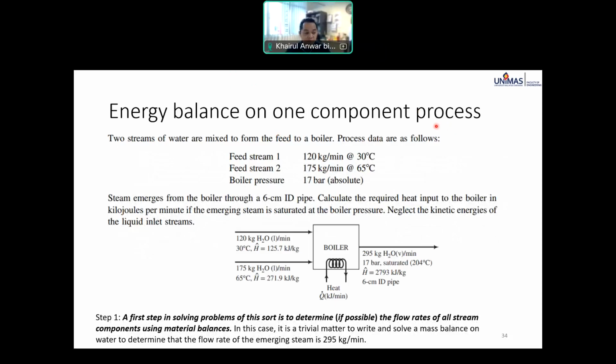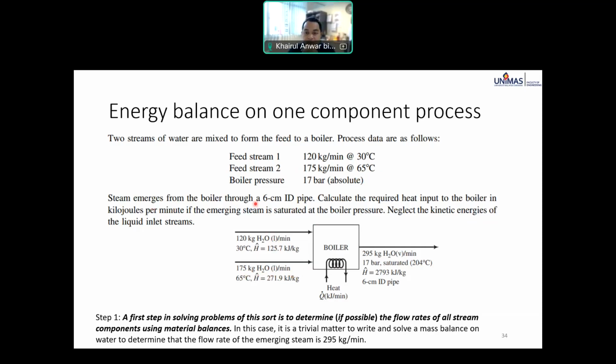Example: a one-component process. Two streams of water are mixed to form the feed to a boiler. Process data are as follows: feed stream 1 is 50 kg per minute at 30 degrees C. The second stream is 175 kg per minute at 65 degrees C. Steam emerges from the boiler through a 6 centimeter ID pipe.